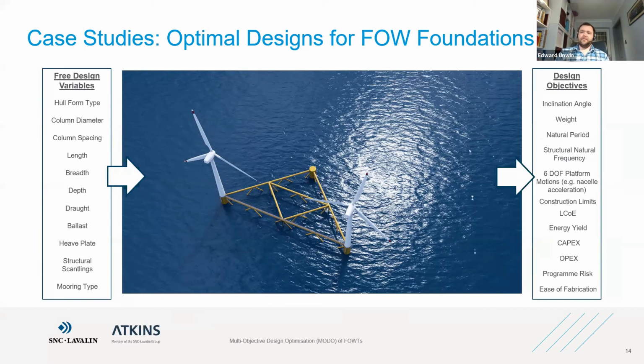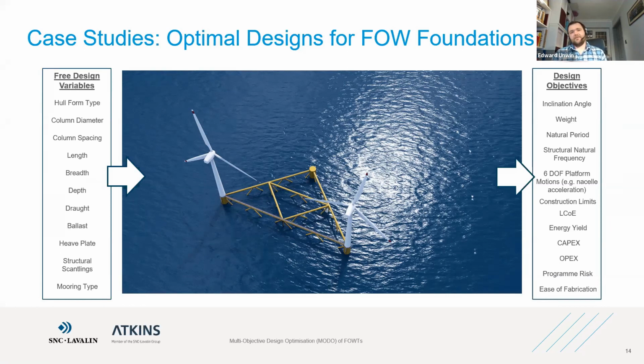But yeah, there are loads of things that you can change to optimize your platform, and it may be weight, or it may be that you're optimizing to maximize energy yield, which for a floating wind turbine might be to reduce motion. So it might be that a heavier floating platform may move less, therefore the turbine performance is affected less by the motion of the platform and your energy yield is higher. So that's something that you could optimize against.